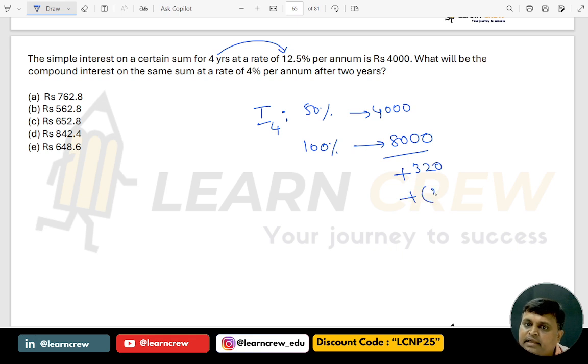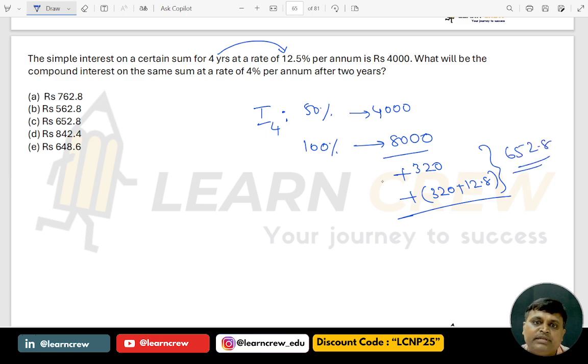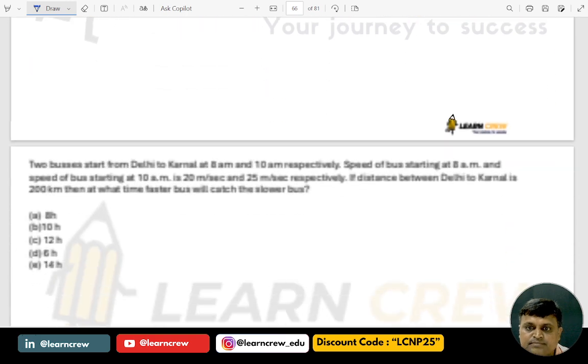Second year, again on 320, 4%. On 320, 4% is 12.8. So 320 plus 320, 640. 640 plus 12.8, 652.8 is the compound interest for 2 years. 652.8 is the answer. Now next question.